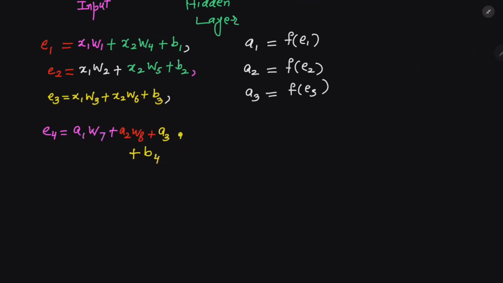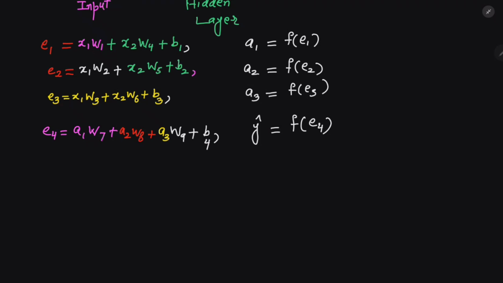So this is the output value plus B4, and then after applying the activation function, we have f of E4. There should be W9 as well, plus B4. We have to apply the activation function later on.